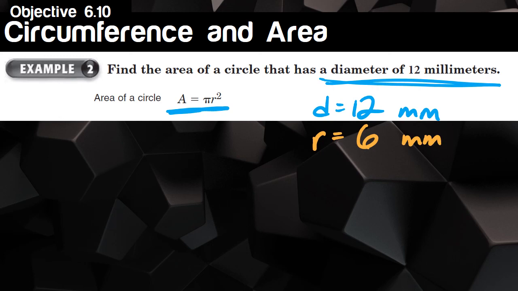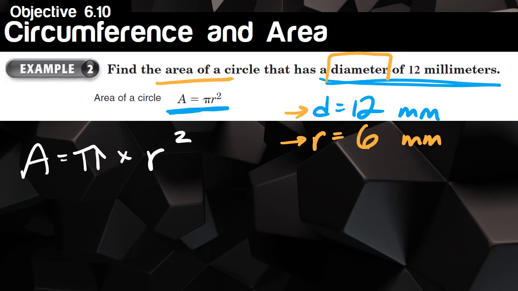You have to be careful. Please pause and make a note of it: if it says find the area with the diameter, write your diameter down first, and then cut it in half to find the radius.